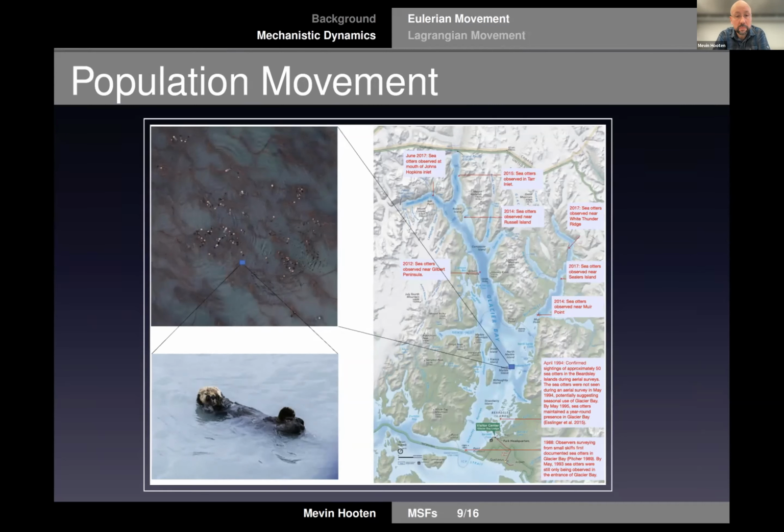And so the National Park Service flies surveys where they would detect sea otters using a variety of methods. This is one of them with aerial photography data. They would count them, and then they would use those counts in a statistical model to help us learn about the spread of sea otters over space and time.